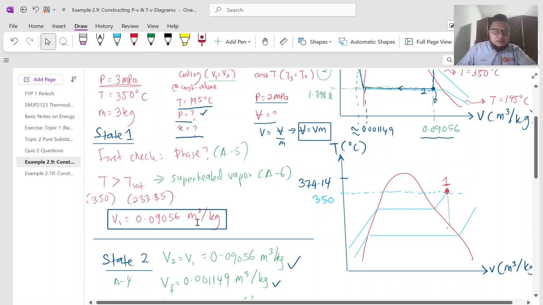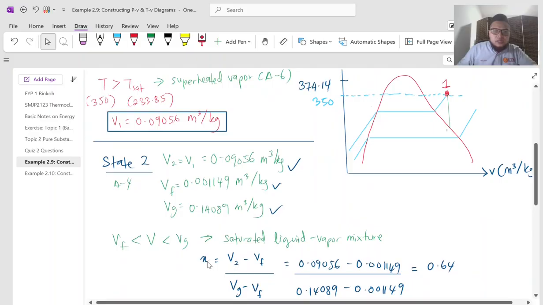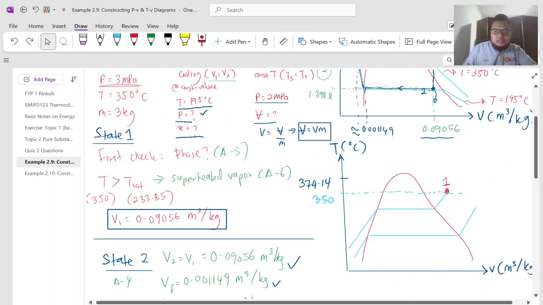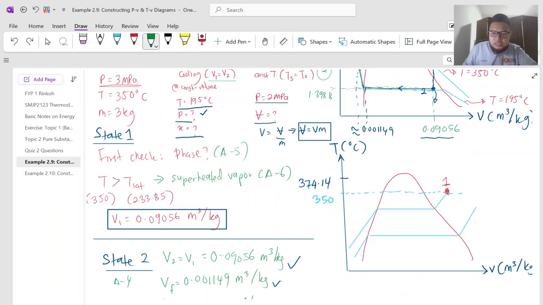And then our state 2 has a quality, meaning it is extended to the interior side of the vapor dome, until it reaches this temperature of 195 degrees Celsius.